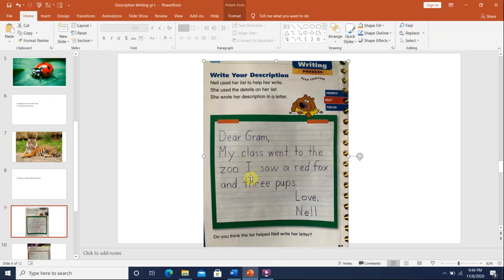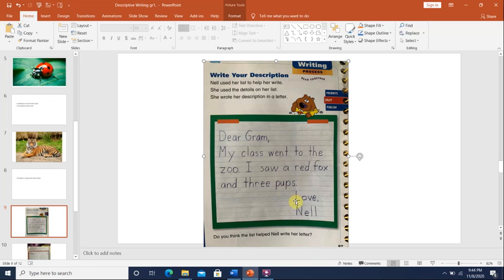So he's telling Graham that he saw a red fox. So red here is a detail describing fox. I saw a red fox and 3 pups. So Nell saw a red fox, and it has 3 pups, 3 small foxes, 3 baby foxes.